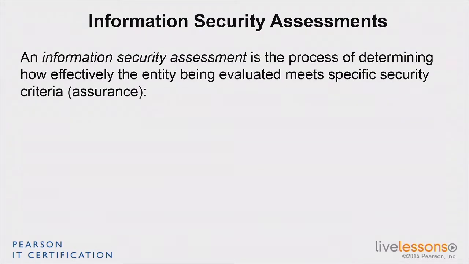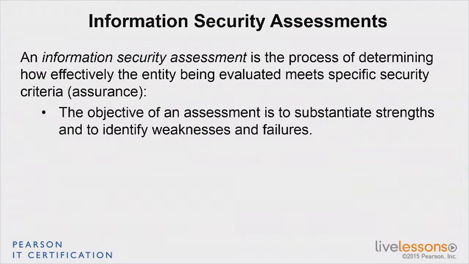An information security assessment is a process of determining how effectively the entity that's being evaluated, or the target, meets specific security criteria. Now we're referring to that also as assurance because remember, assurance is the confidence that our controls work as expected. So an information security assessment is one of the tools that we use for assurance.